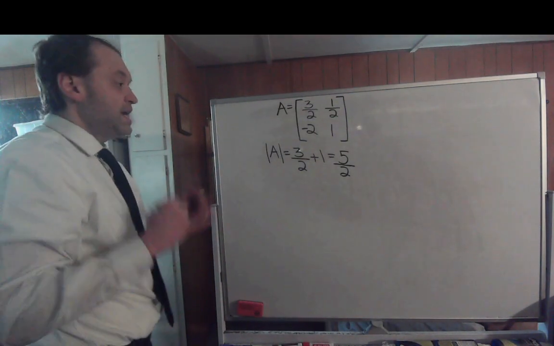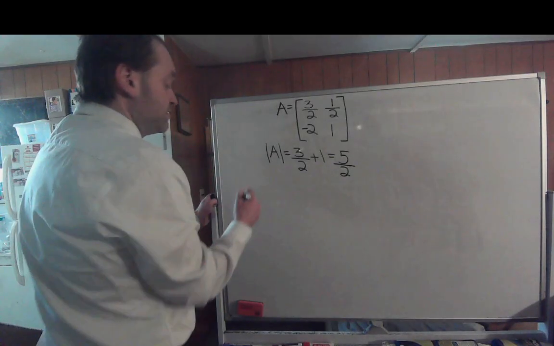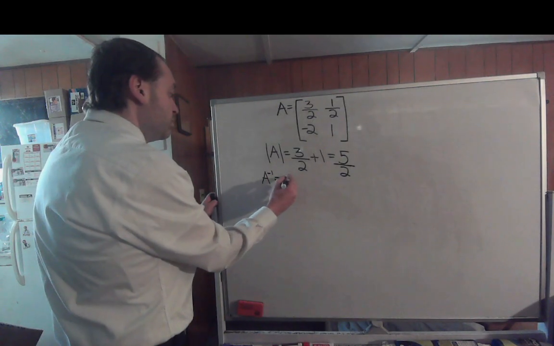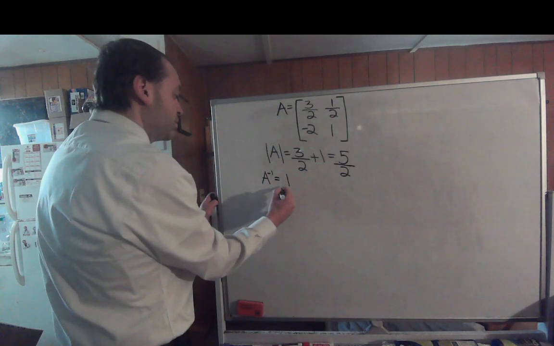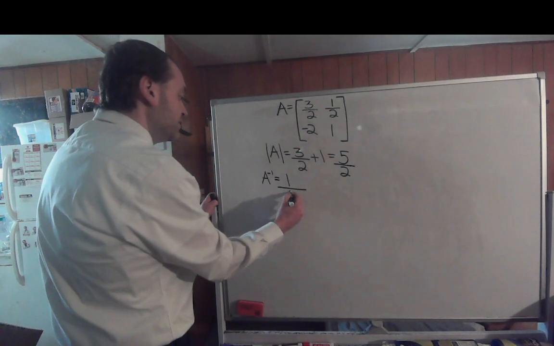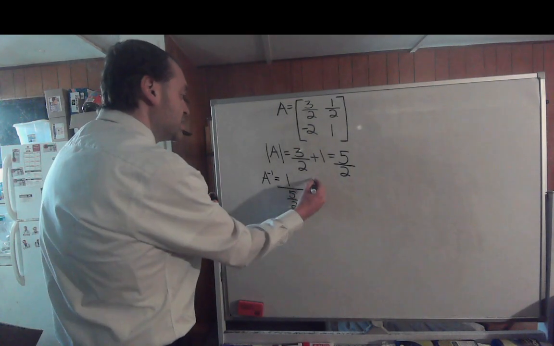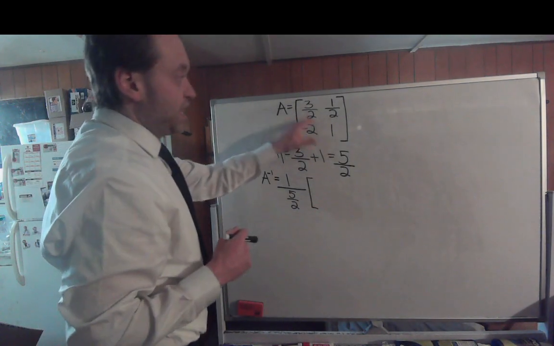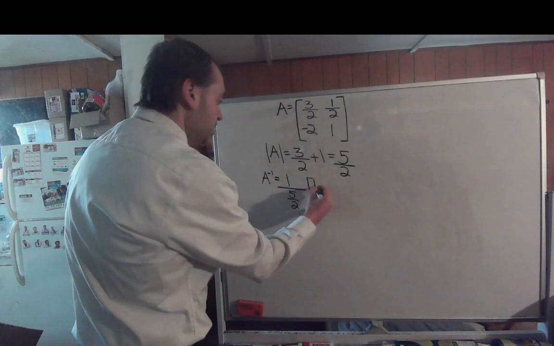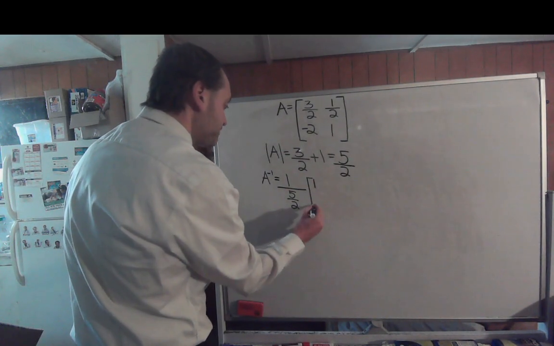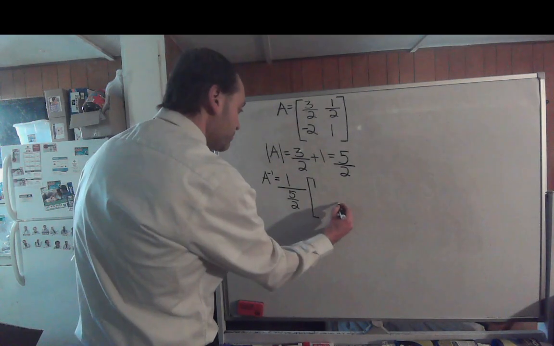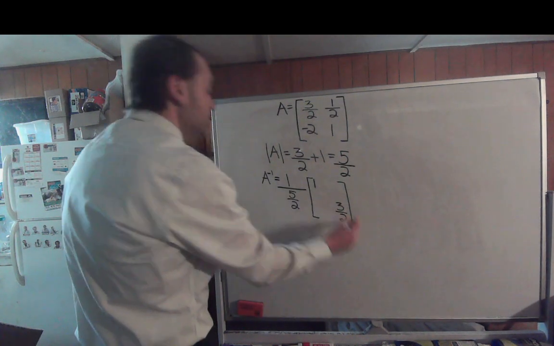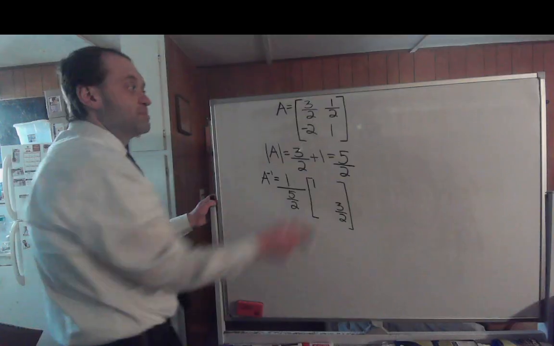All right, now to find A inverse, you'll take 1 divided by your determinant of 5/2 times the matrix where you switch your A and D around. So 1 would go here, 3/2 are going to go here, and then your B and C stay in the same place, but you just negate them.